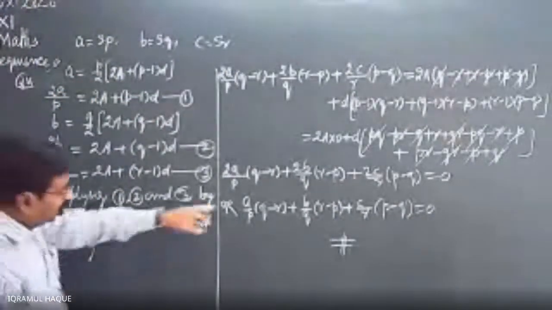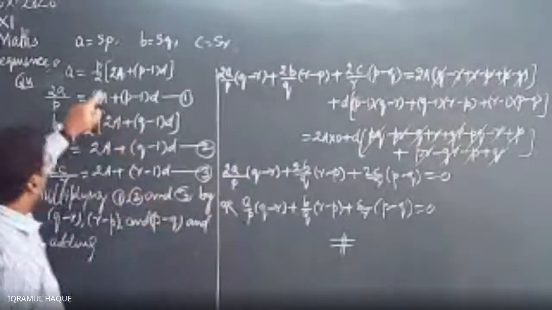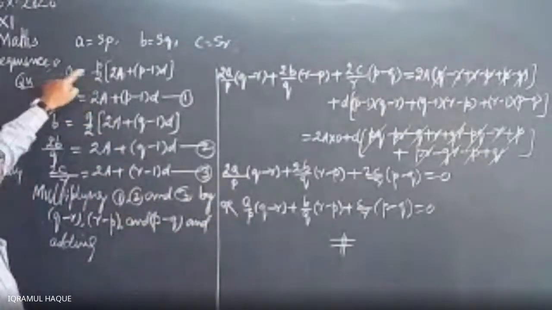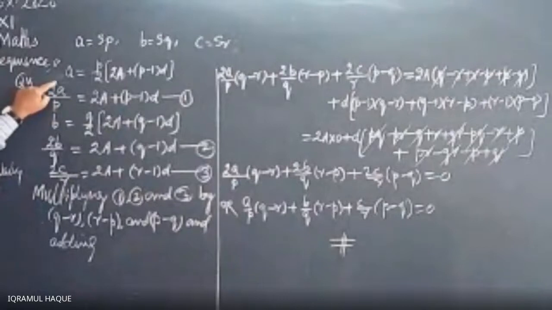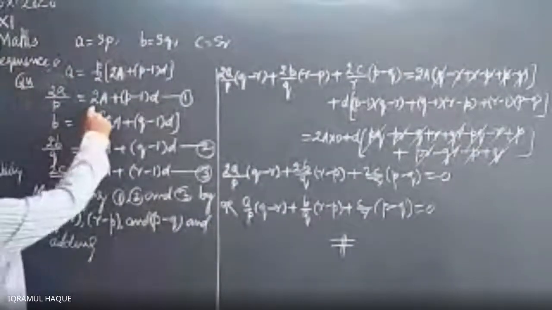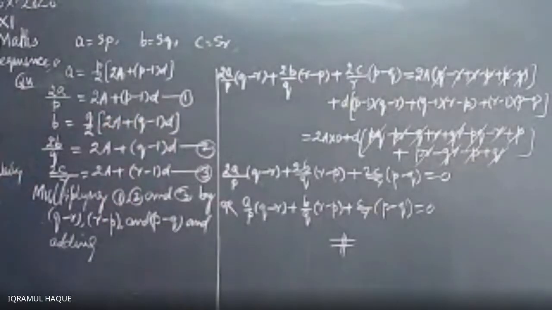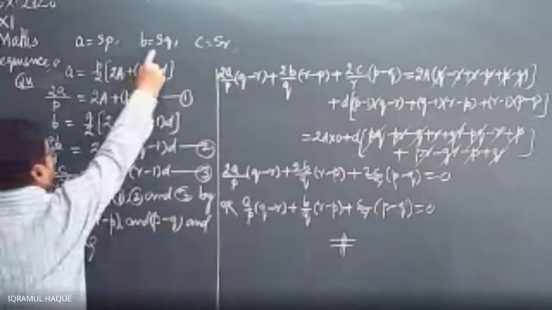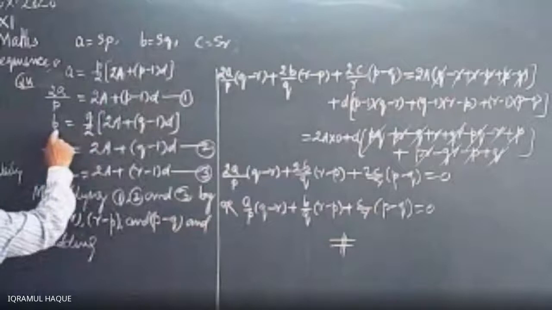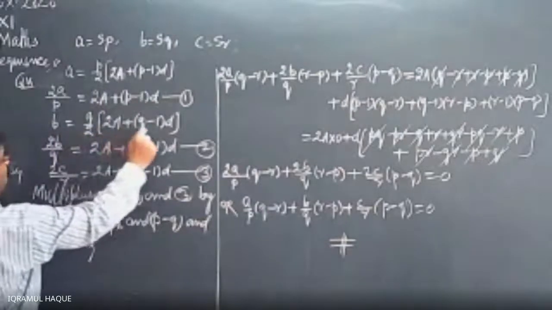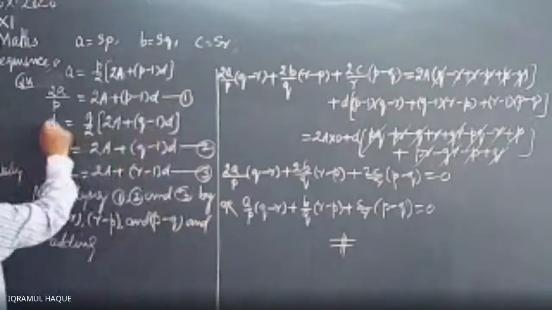Now we have to bring a upon p. So cross multiply here: 2a upon p is equal to 2A plus p minus 1 into D. Equation number 1. Similarly, sum of q terms, the value is b. q upon 2, 2A plus q minus 1 into D. Again cross multiply.